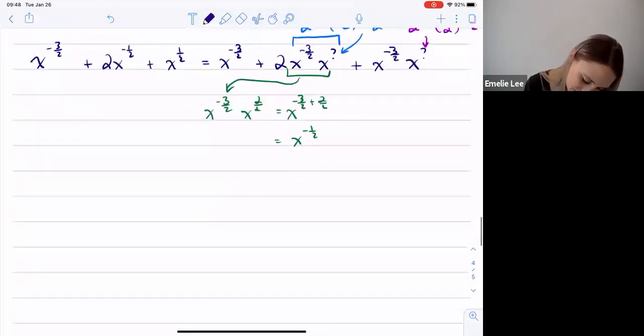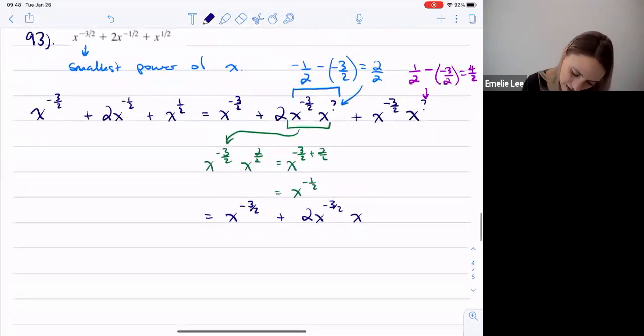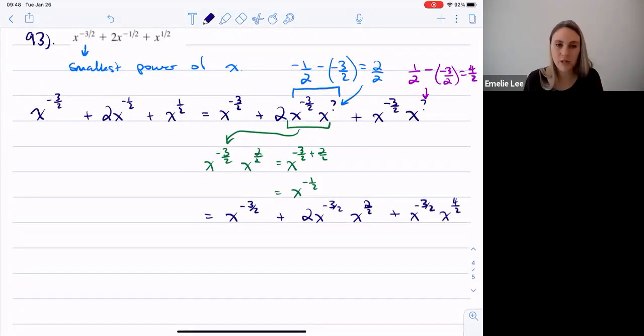So this becomes x to the negative 3 over 2 plus 2x to the negative 3 over 2 times x to the 2 over 2 plus x to the negative 3 over 2 times x to the 4 over 2.